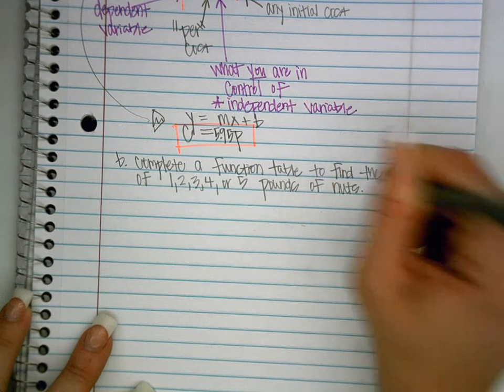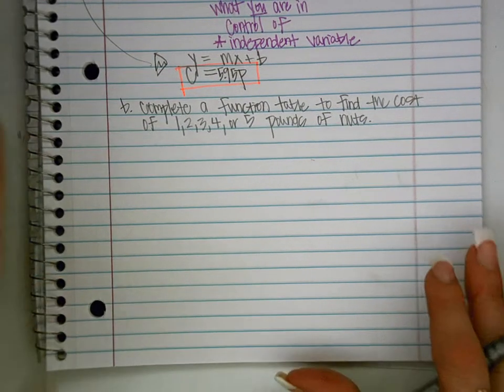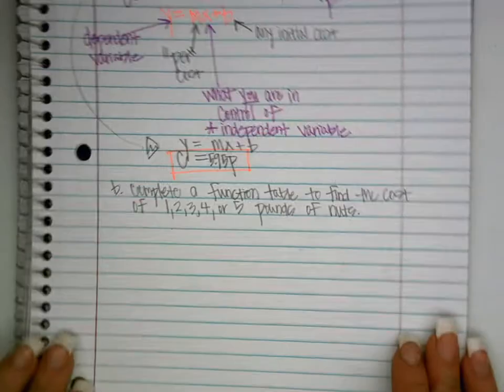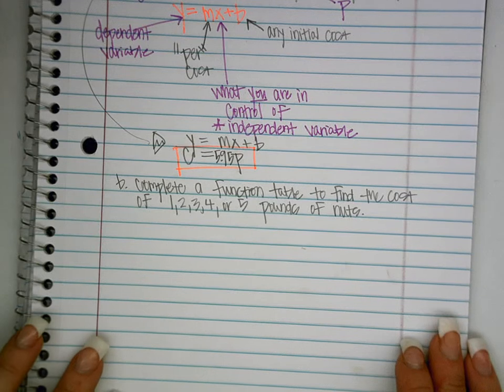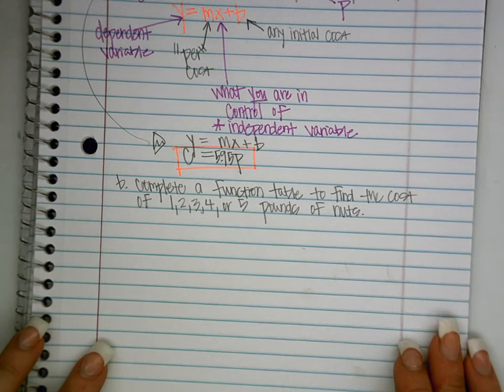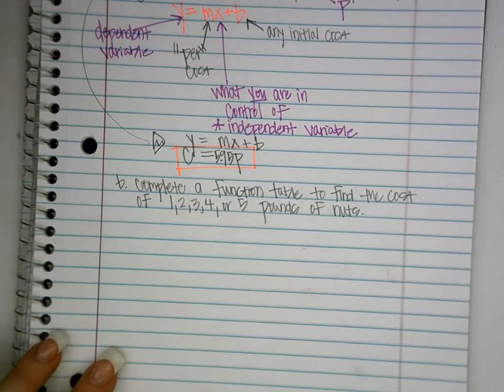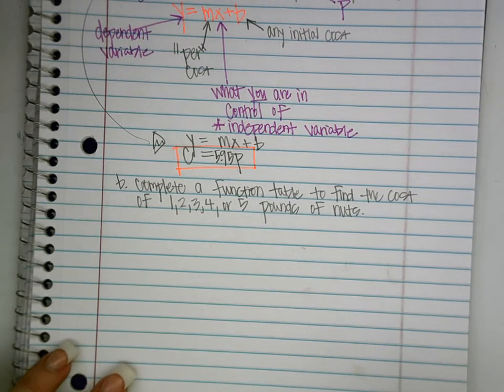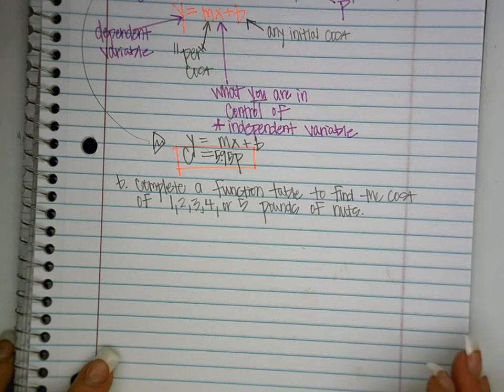So complete a function table. This is kind of what we worked on yesterday. Remember the function table? Yes, ma'am. When you say or 5 pounds, does that mean and? I meant of. Sorry. Complete a function table to find the cost of 1, 2, 3, 4, 5. Oh, we're going to do all of them, yeah.